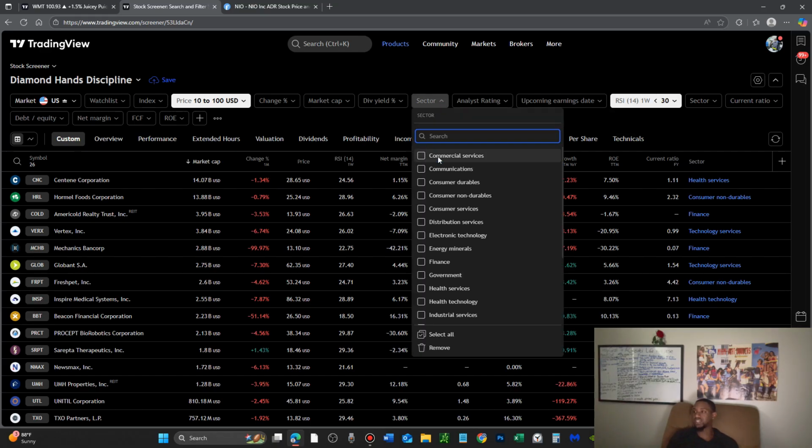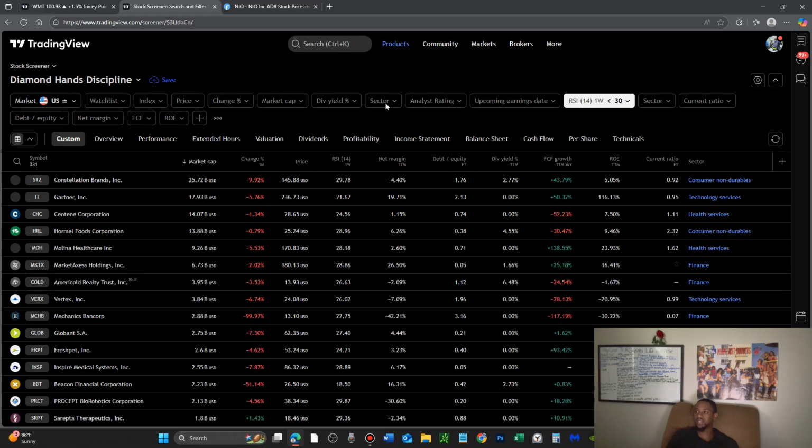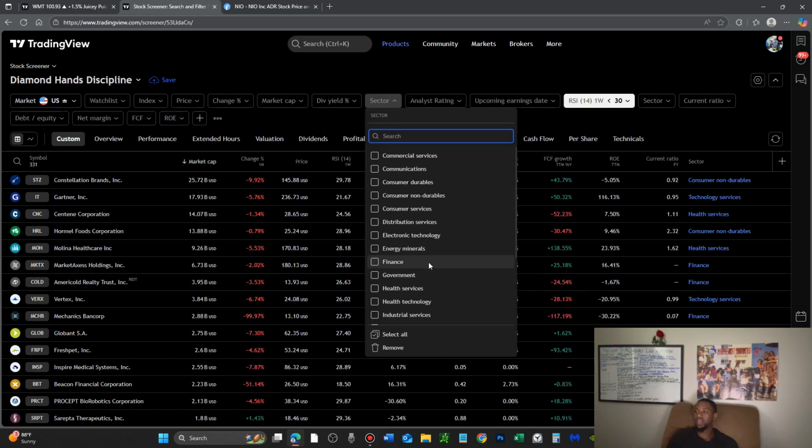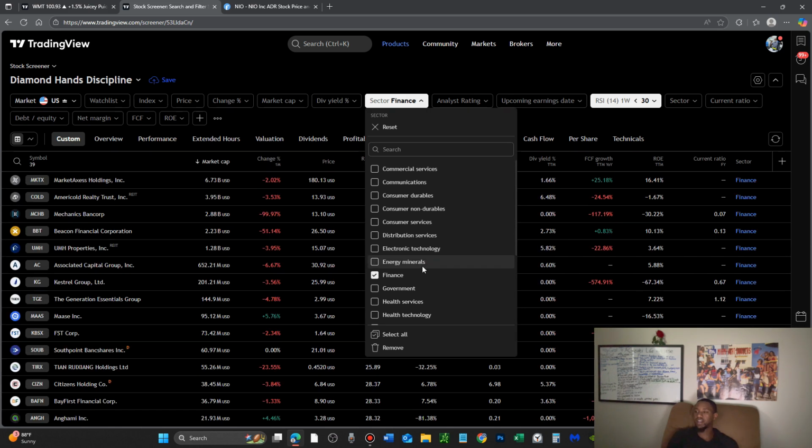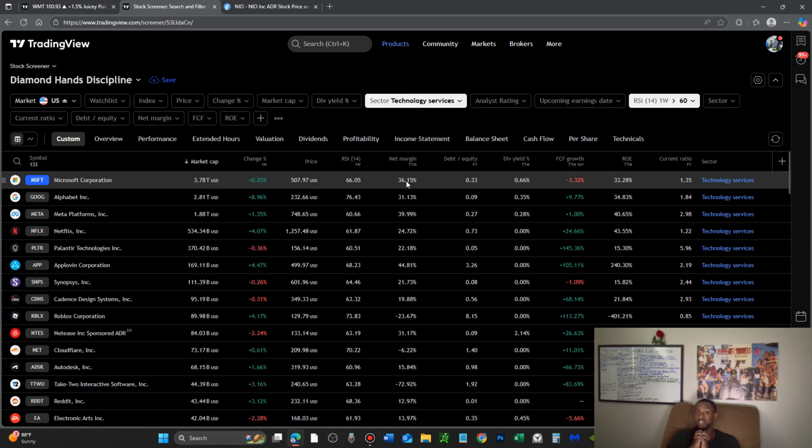Then you can check out sectors, because when you're analyzing stocks, you want to judge them within their same sector. If I'm looking at finance stocks, I want to judge companies in the same sector. I can't judge a retail company and say, oh, a retail company only profited 10% when Microsoft profited 36%.